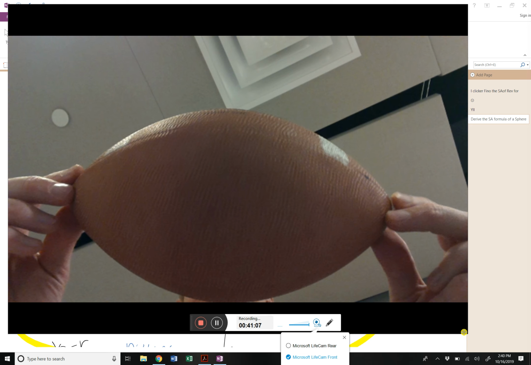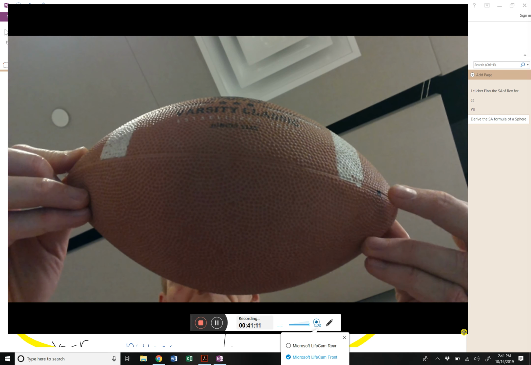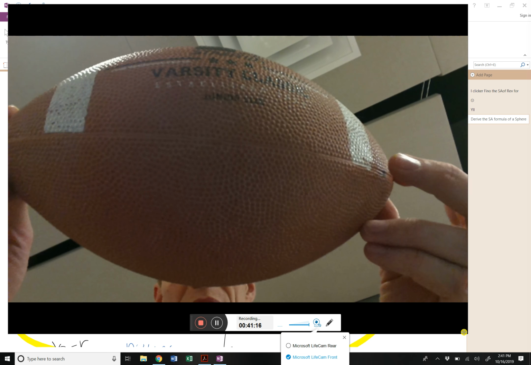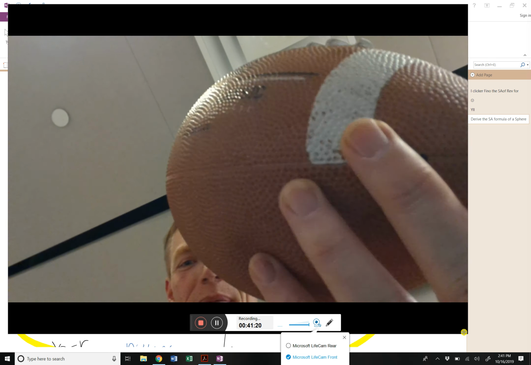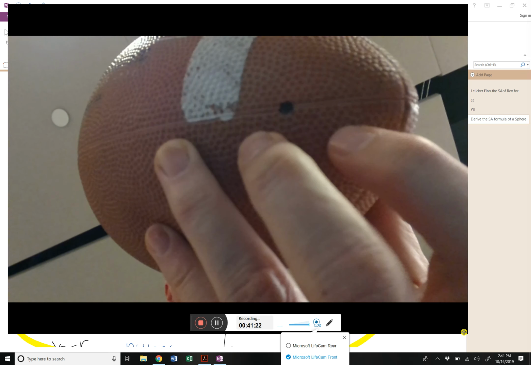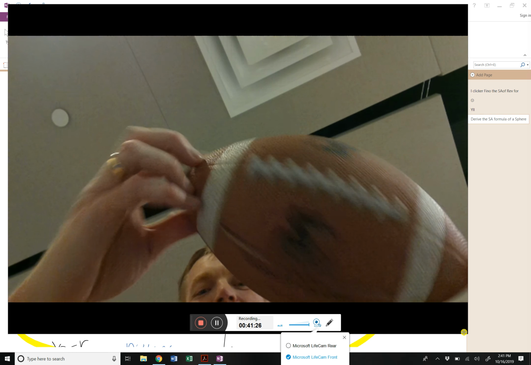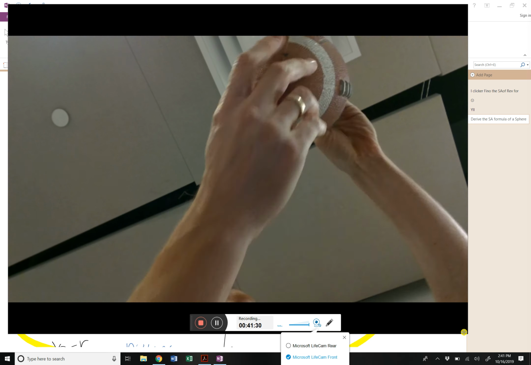But here I have an example where I have a dot right over here on this side. See right there, a little dot? This is backwards to me. Okay, see that dot? And I have one at the other side, right here.